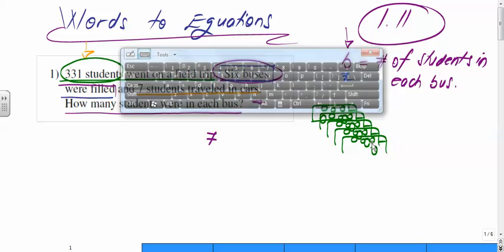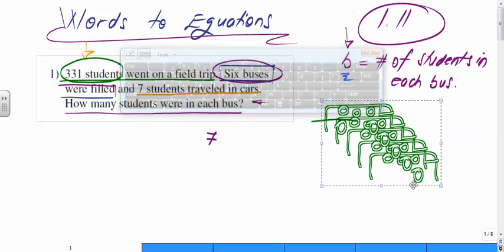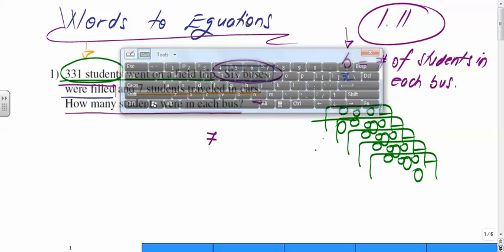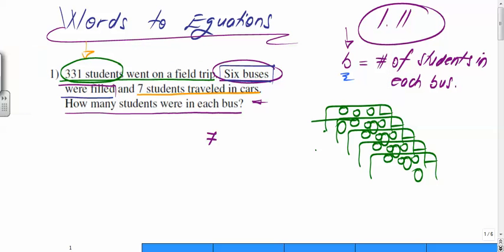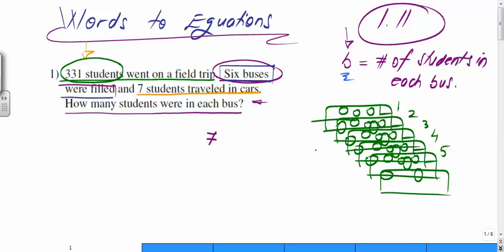Let's see. Well, now they're kind of crowded here, but anyway, these are your buses. Obviously they're kind of overlapping here, but I got 1, 2, 3, 4, 5. So obviously I need one more bus. Let's do that, and their wheels and everything else is there.